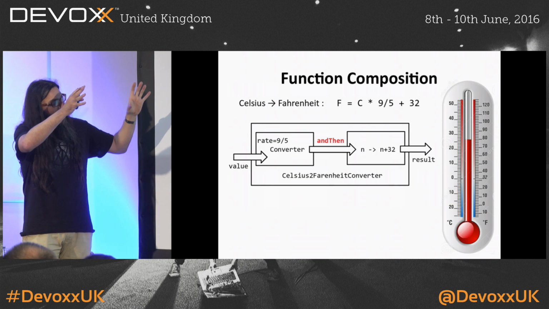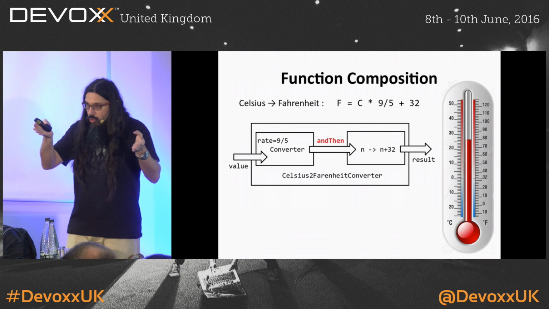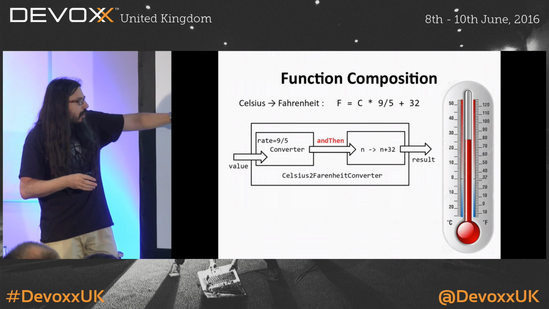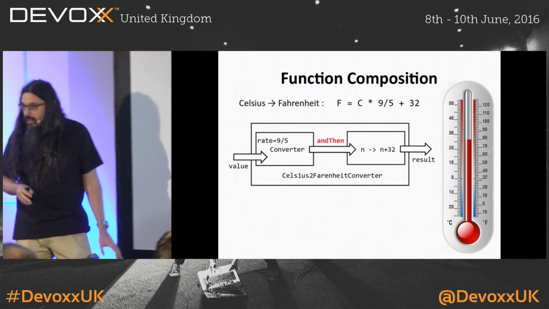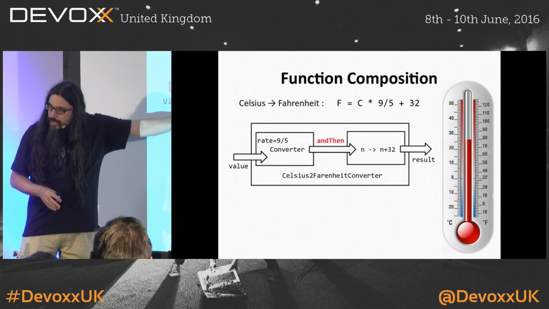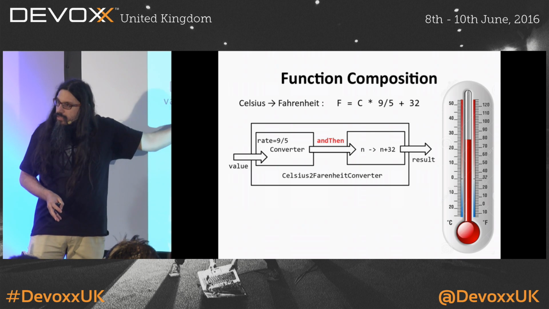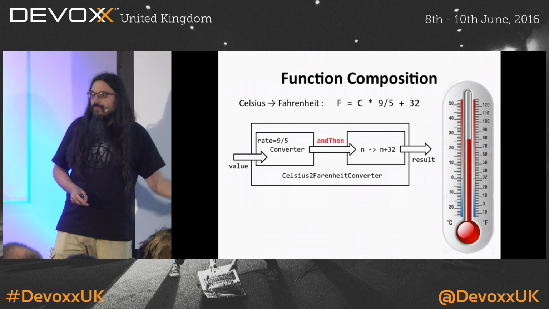And I'm creating a macro function that, from the point of view of the user of the function, is just a function from a value in Celsius to a result in Fahrenheit. As a user, of course, you don't have to know that this function is made of the composition of two smaller functions.